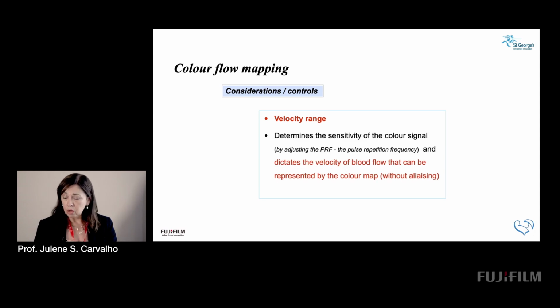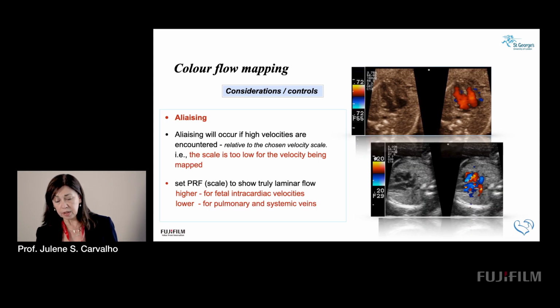Velocity range will determine the scale that you put on and the velocity you're going to be mapping. So you need to choose the velocity very carefully, and I'll try to show you this on the image, to avoid aliasing. Sometimes you do want to create aliasing to facilitate sampling the information you want in terms of absolute velocities.